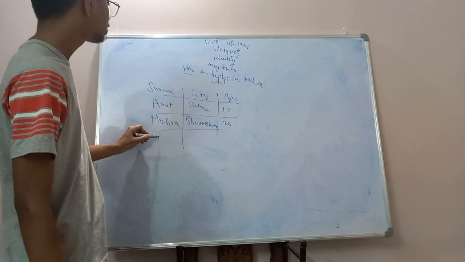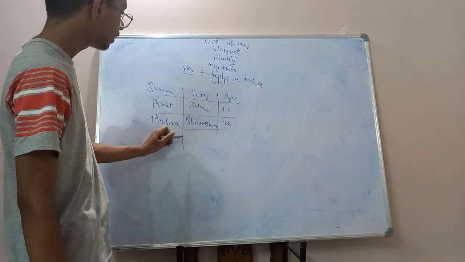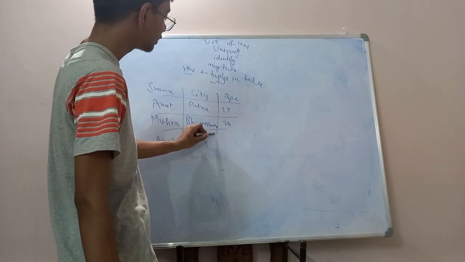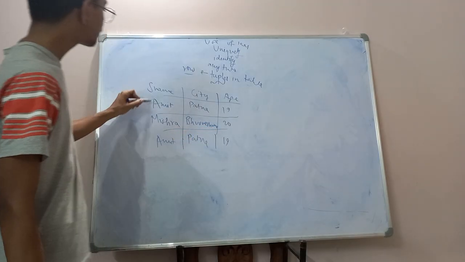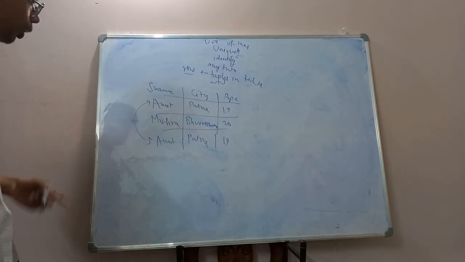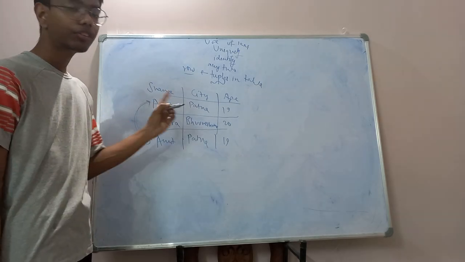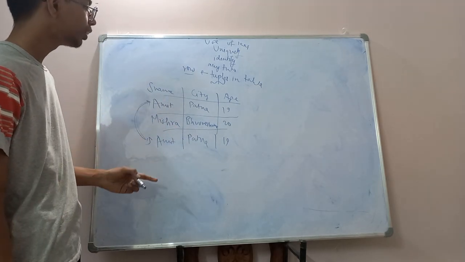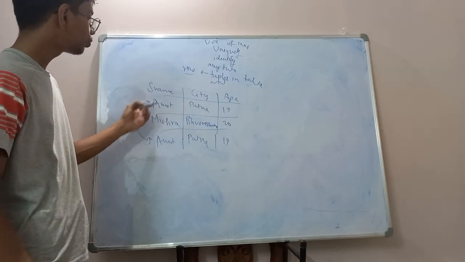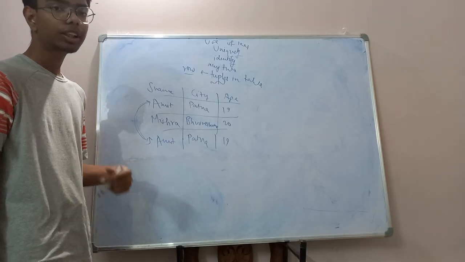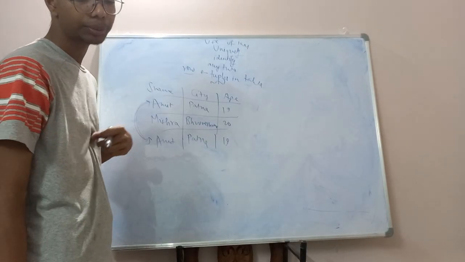And then I have another student Amit, his city is also Patna, his age is also 19. So it seems like both tuples have the same student, right? I cannot differentiate between this and this. People might think that these two are the same person, or they might get confused, right?